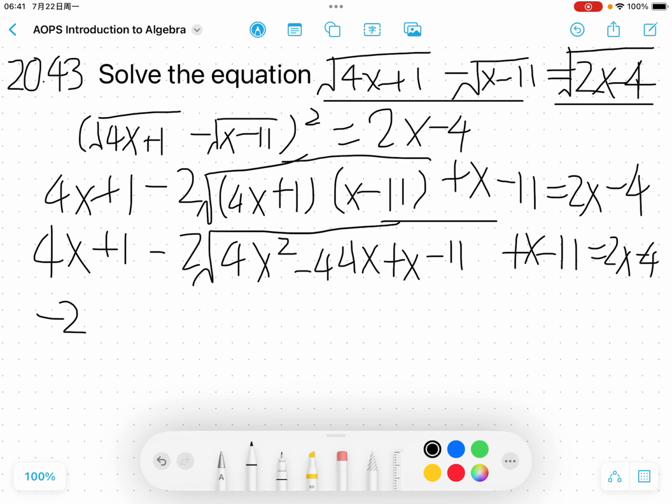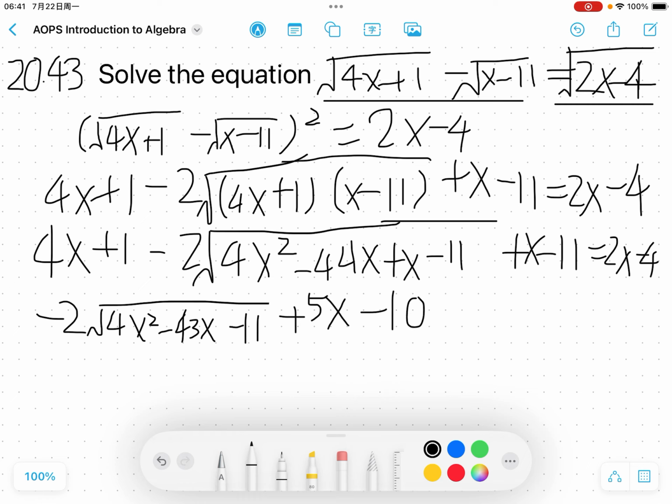So we have negative 2 root of 4x squared minus 44x, and simplifying that, it's minus 43x minus 11, plus 5x minus 10 equals 2x minus 4.